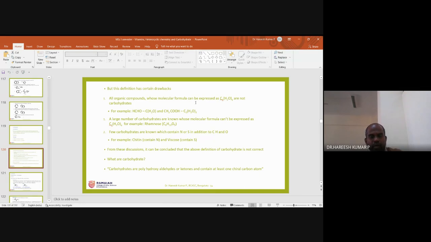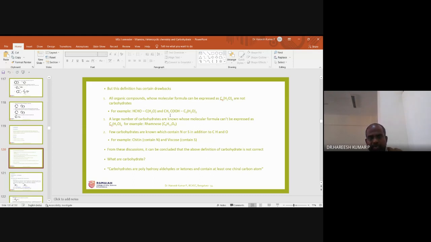That is having a drawback because the general formula is also applicable to HCHO. What is HCHO? It's formaldehyde. How can we write formaldehyde? C(H2O), with x equal to 1, y equal to 1. Then you know that formaldehyde is not a carbohydrate, though it contains carbon, hydrogen and oxygen.